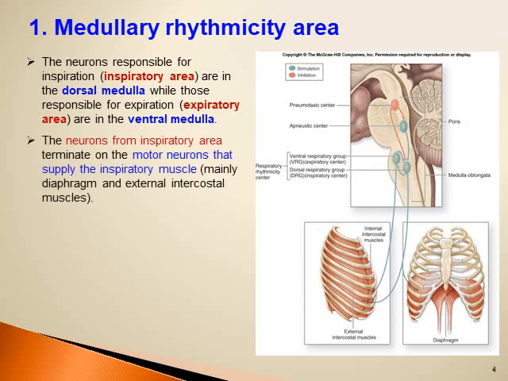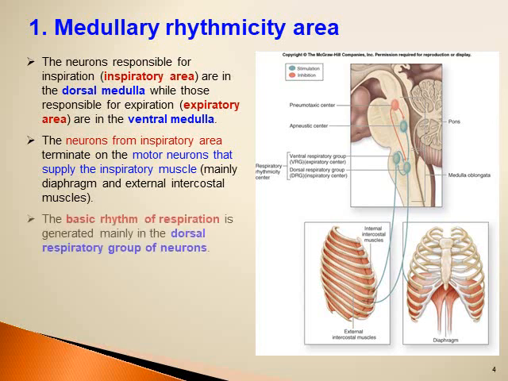The neurons from the inspiratory area terminate on the motor neurons that supply the inspiratory muscles, and we know that the main inspiratory muscles are the diaphragm and the external intercostal muscles. The basic rhythm of respiration is generated mainly in the dorsal respiratory group of neurons. So it is mainly generated in the inspiratory area.